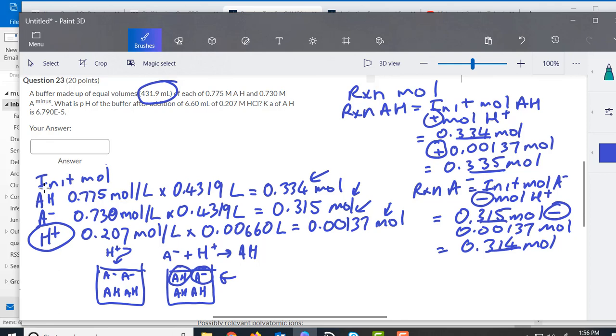Now if we were adding OH minus, as you would have to if you saw an OH minus problem, we'd start off with the same situation of A minus and AH initially being in the solution. But then what would happen is that the OH minus would end up reacting with the AH and creating A minus.